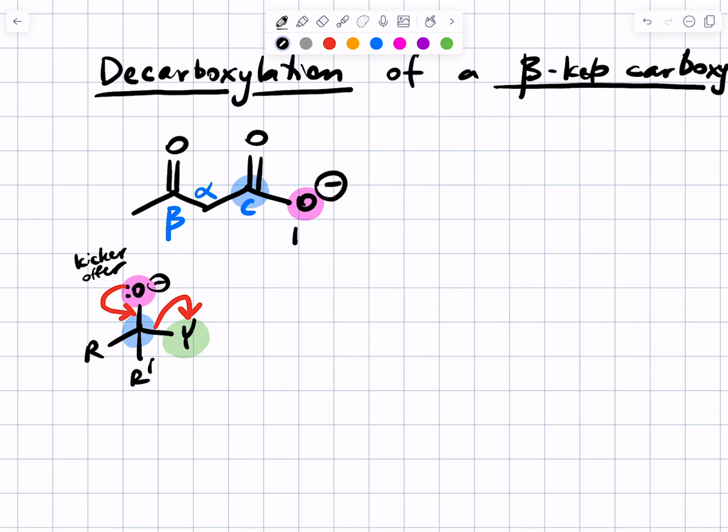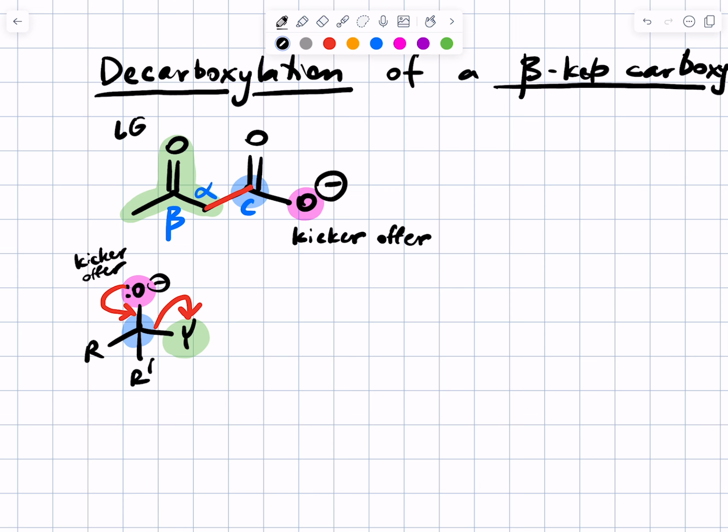My contention today is that this negatively charged oxygen from a carboxylate can be a kicker offer. The bond to be broken is this one between the alpha carbon and the carbonyl carbon, and that would make this over here a leaving group.